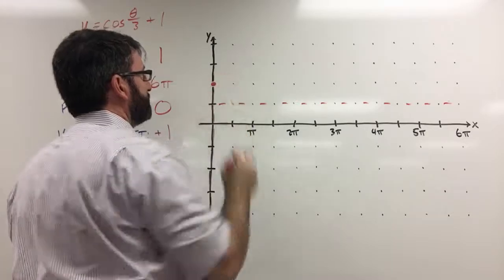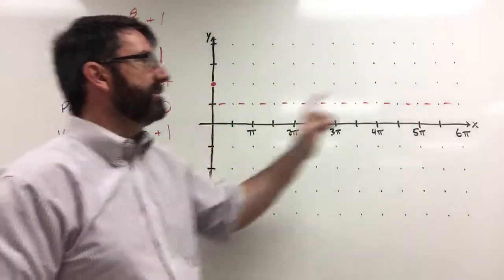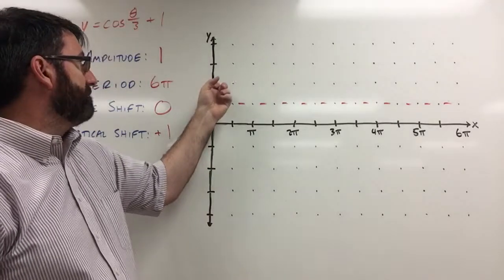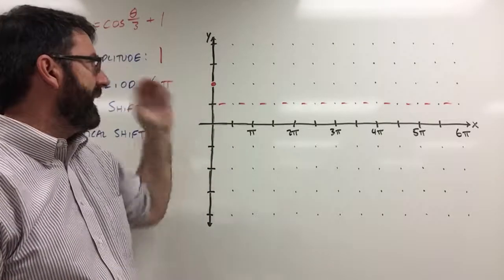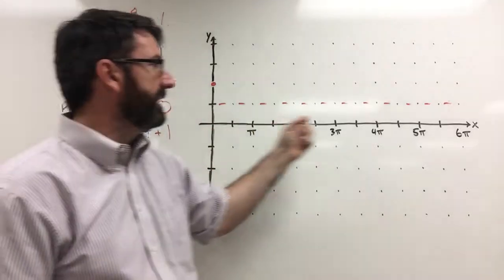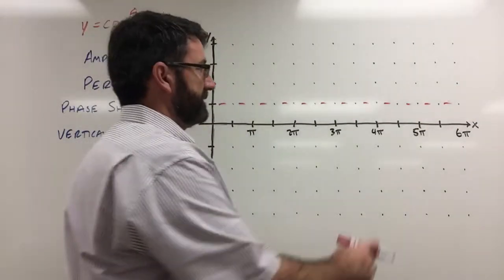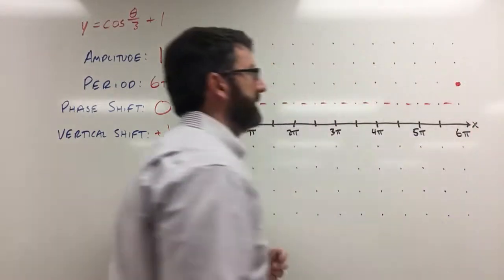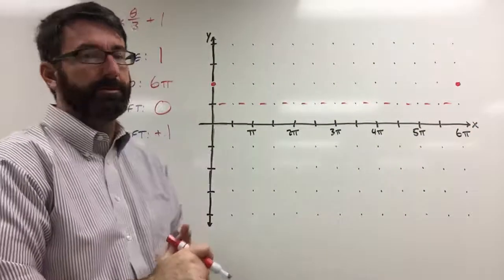That's our maximum. And then we're always going to be back to the same place after 1 period. So if we start here at 2, after 1 period of 6 pi, we're going to be back to 2. So clear out here at 6 pi, we're going to be back to our maximum of 2.